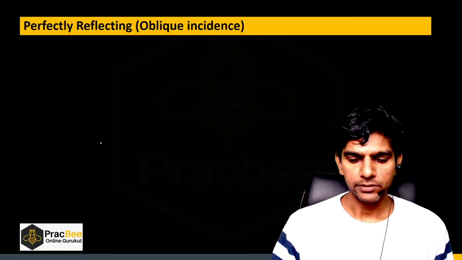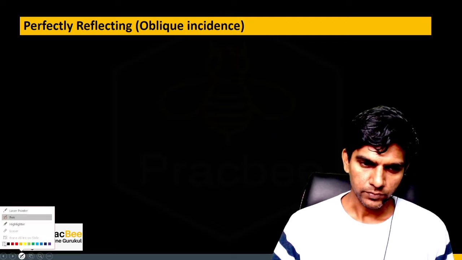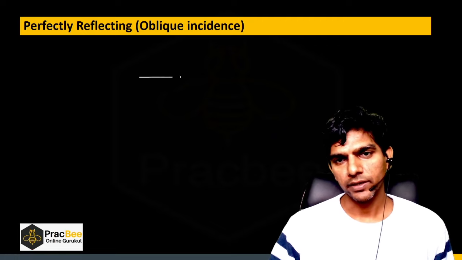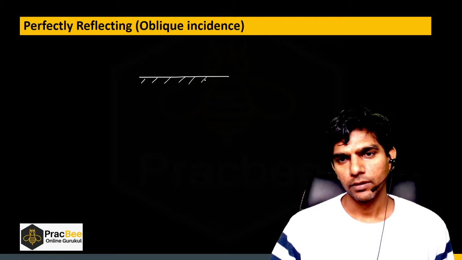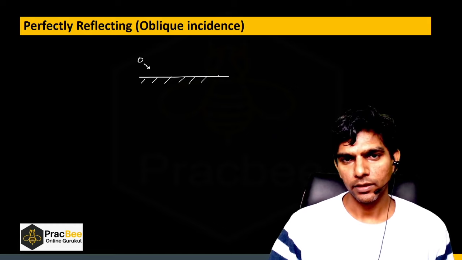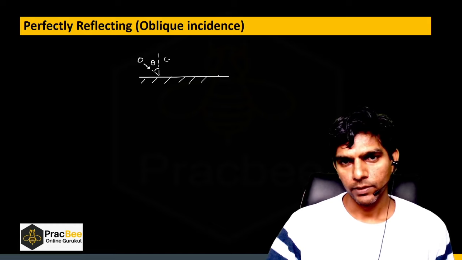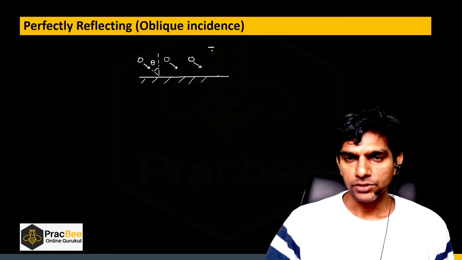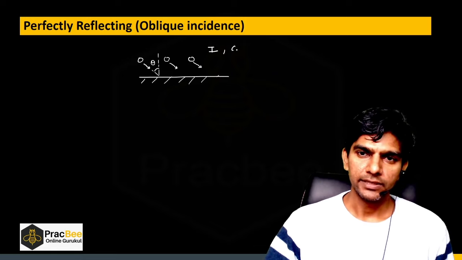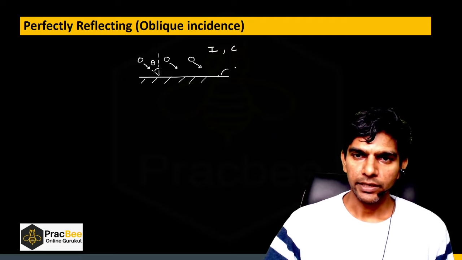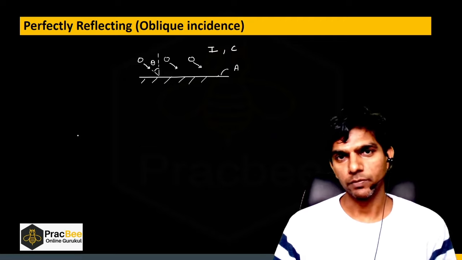Now let us see the oblique incidence. If we have a perfectly reflecting surface and the photons are being incident obliquely and the angle of incidence is theta, right? So photons are coming like this. The intensity of the photons is I. Again, C is the speed of light in vacuum and A is the area on which these photons are being incident.